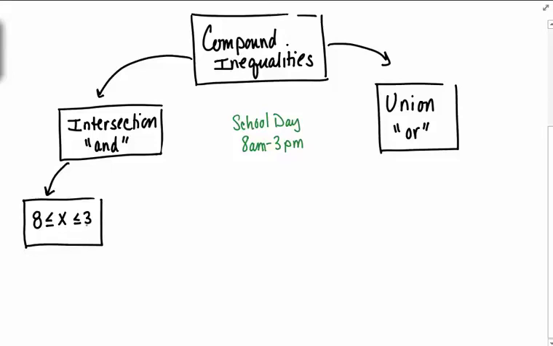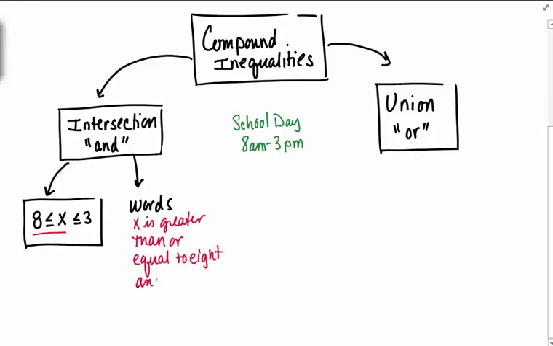If we're looking at the words that describe this inequality, we would say that X is greater than or equal to 8, and X is less than or equal to 3. So you can see how in this problem we have one inequality on the left, and if we keep the 3, we have another inequality here.